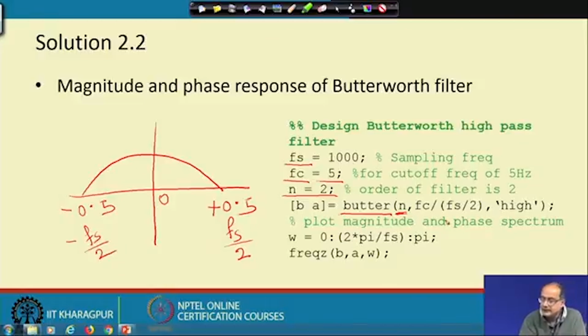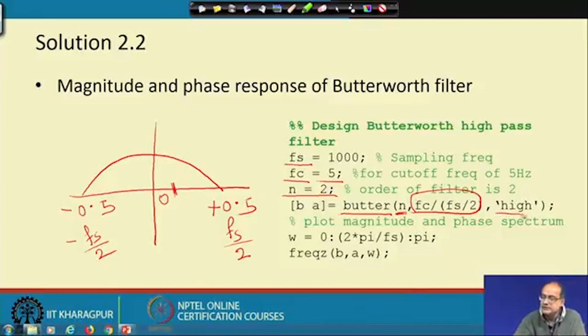So, here what is done is that fc, which will come somewhere here, is normalized. We normalize with fs by 2. So, the normalized cutoff frequency is the second variable.